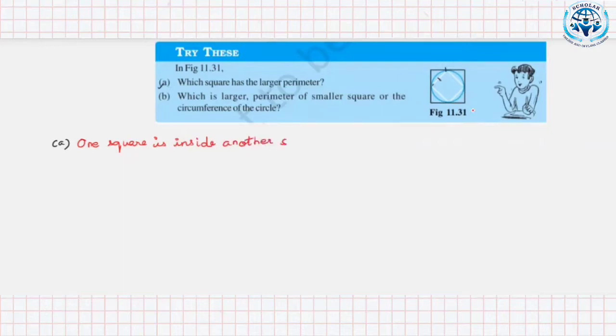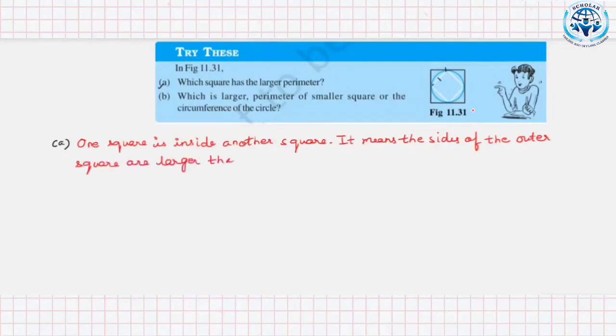That means the bigger square can accommodate the inner square. That means the square that is outside is obviously larger than the square that is inside. The sides of the outer square are larger than those of the inner square.